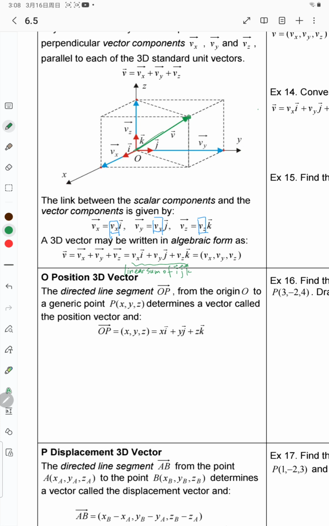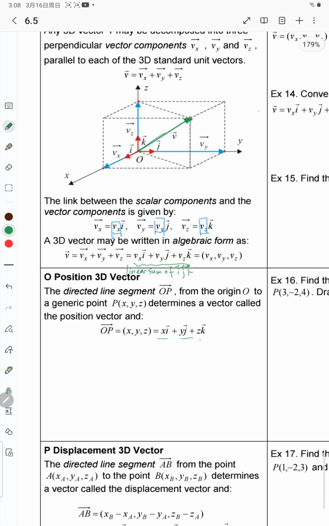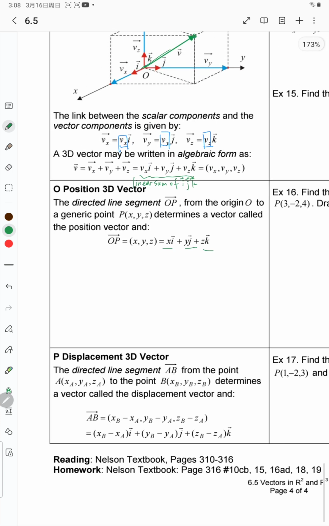And then position, okay, again, repeat again. And then displacement, sure. If you have 2 points, then 2 points can define a vector, right? Because OA is just the coordinates of point A minus the origin, right? So OA is just the coordinates x, y, z, and then minus 0, 0, 0, the origin.